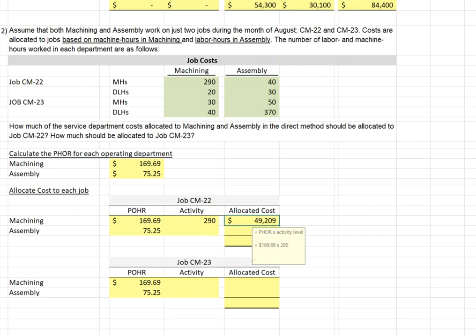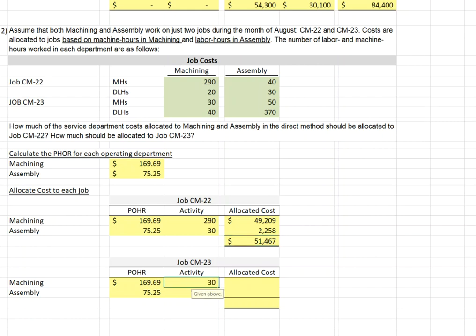For time it spent in the assembly department, it had 30 hours in assembly. We multiply that by the predetermined overhead rate, and we get a total cost allocation of $2,258. The total cost allocated to job CM22 is $51,467.